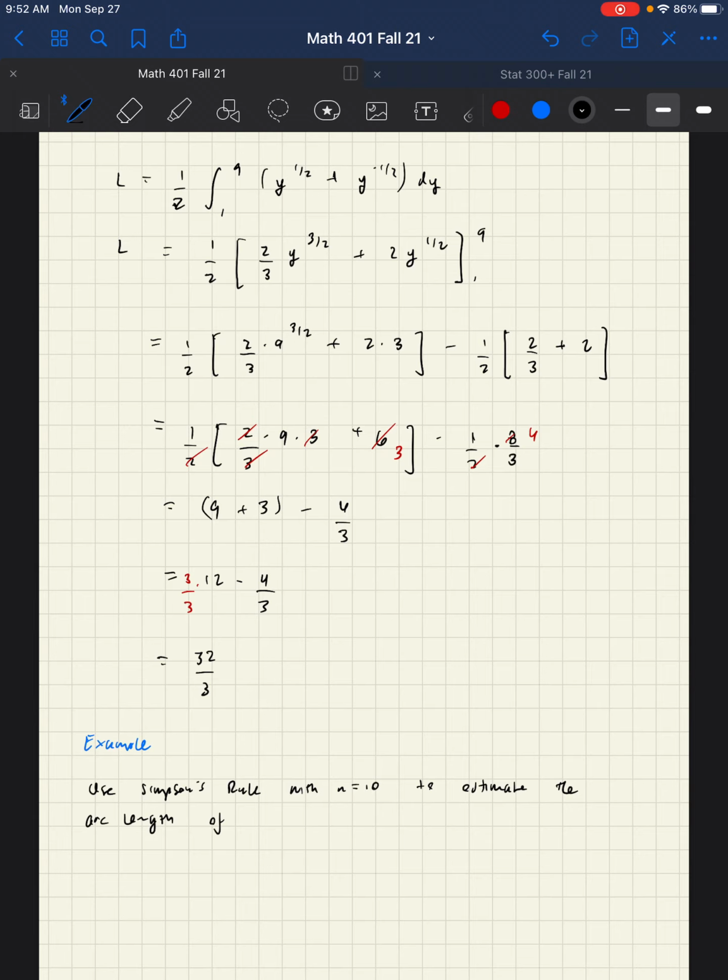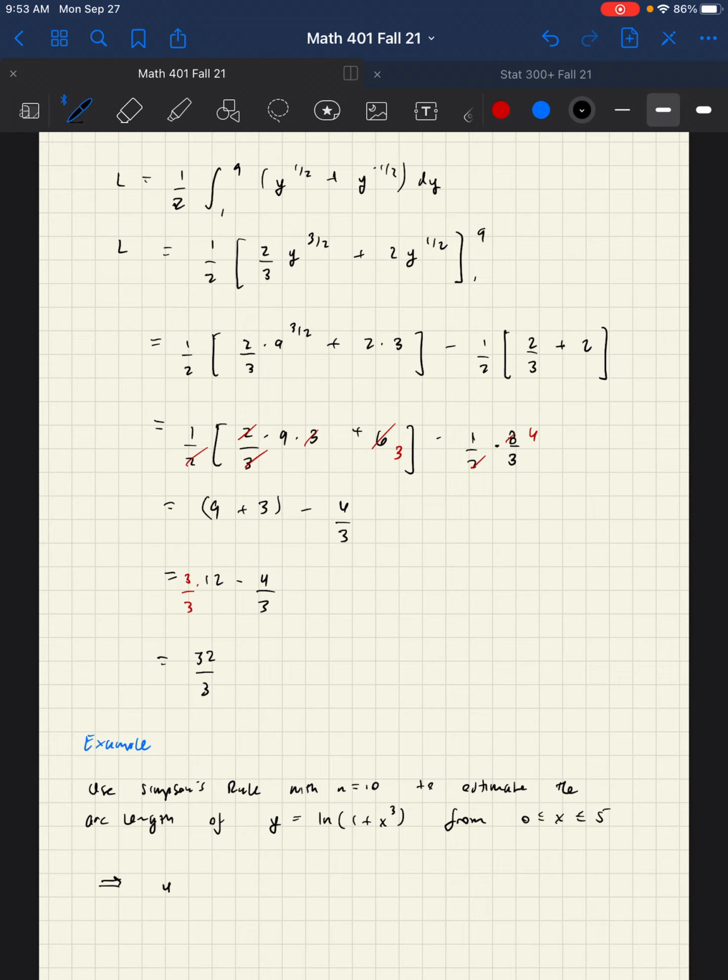So we're going to estimate the arc length of y equals ln of 1 plus x cubed from 0 to 5 for x.